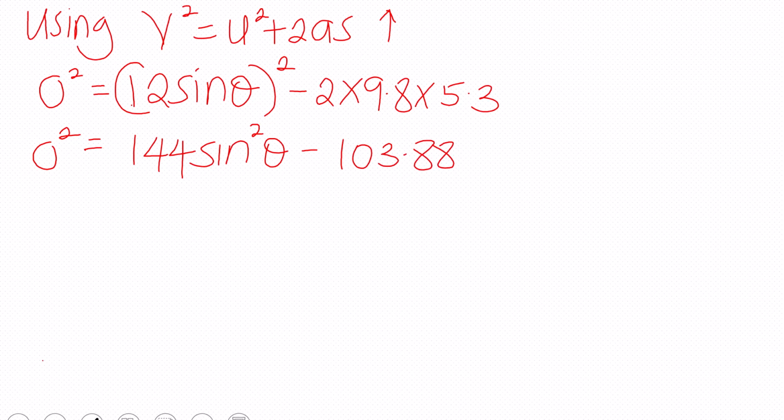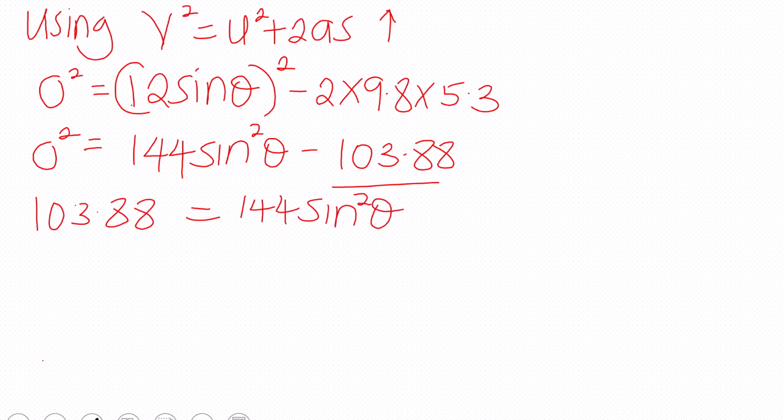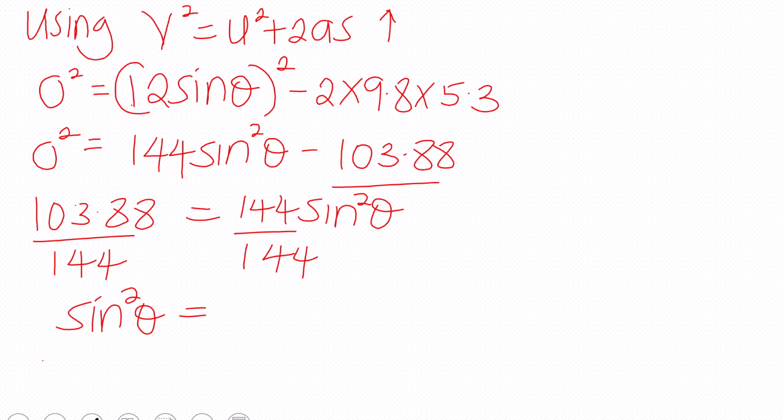And when we take this side, we'll have 103.88 equal to 144 sine squared of theta, divided by 144 on both sides. You will have sine squared of theta equal to 0.7213, and you can now take the root both sides.